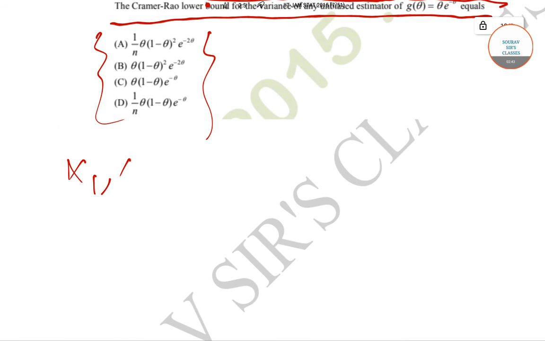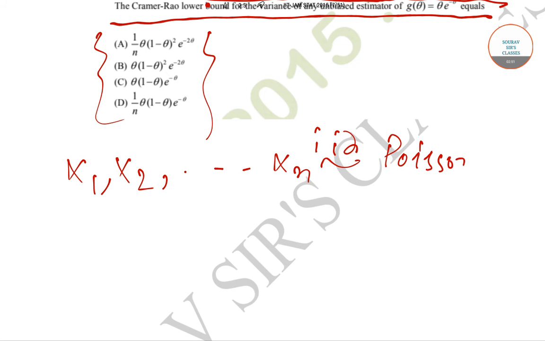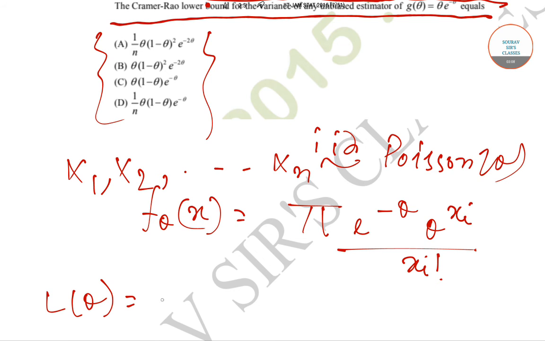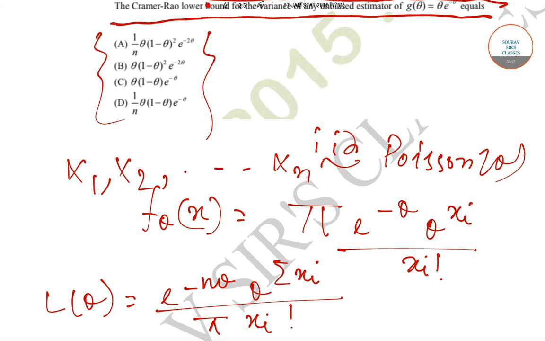Now we can say x1, x2 up to xn follows Poisson distribution with parameter theta. Now f theta x is equal to product of e to the power minus theta, theta to the power xi by xi factorial. Now L theta is equal to e to the power minus n theta, theta to the power summation of xi by product of xi factorial.